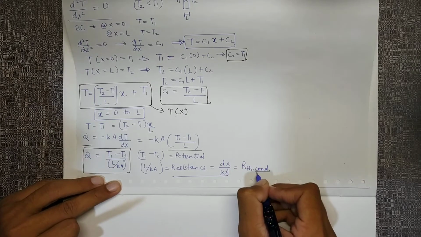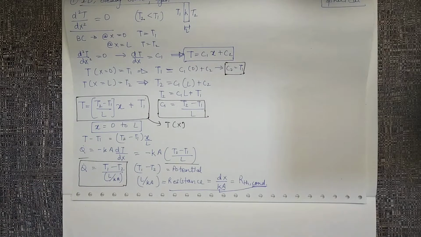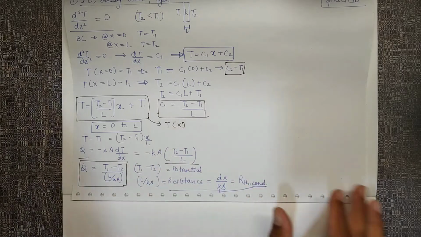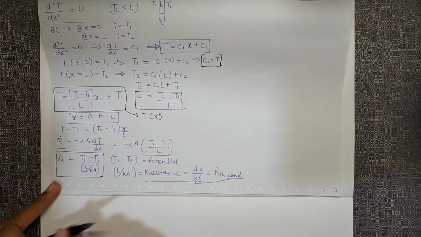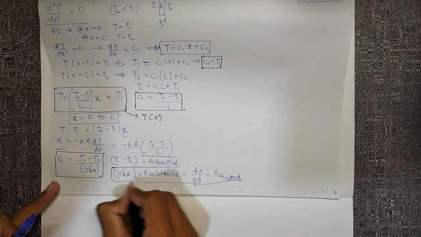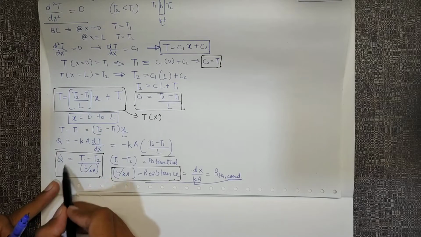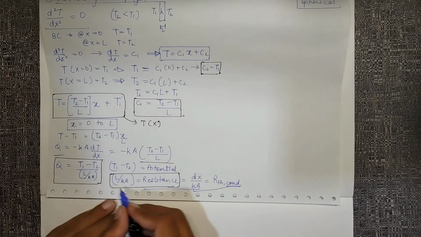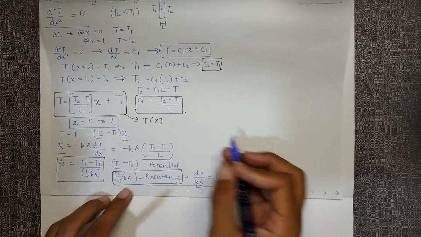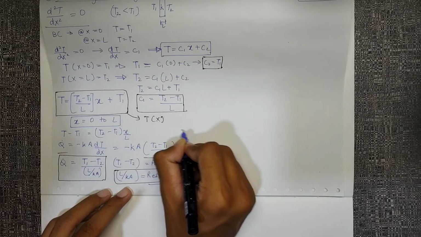That is conduction because I have K over here. When we use convection, we will have some other expression, but this resistance value of L by KA is very important. I have given that analogy also, that this is the potential, this is the resistance, hence potential divided by resistance gives me the effect. The effect is the heat transfer. So when I represent this in an electrical circuit form, it will be something like this.